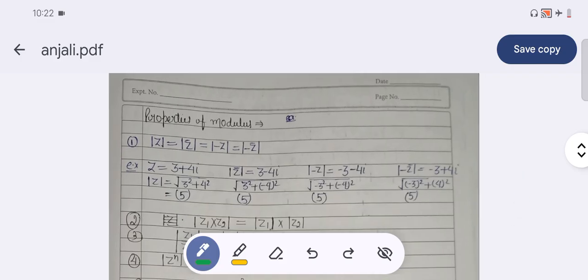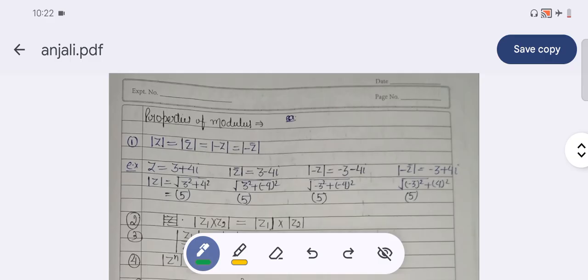And now the properties of modulus. Mod of z is equal to mod of conjugate of z is equal to mod of minus z is equal to mod of minus conjugate of z. All these are equal.